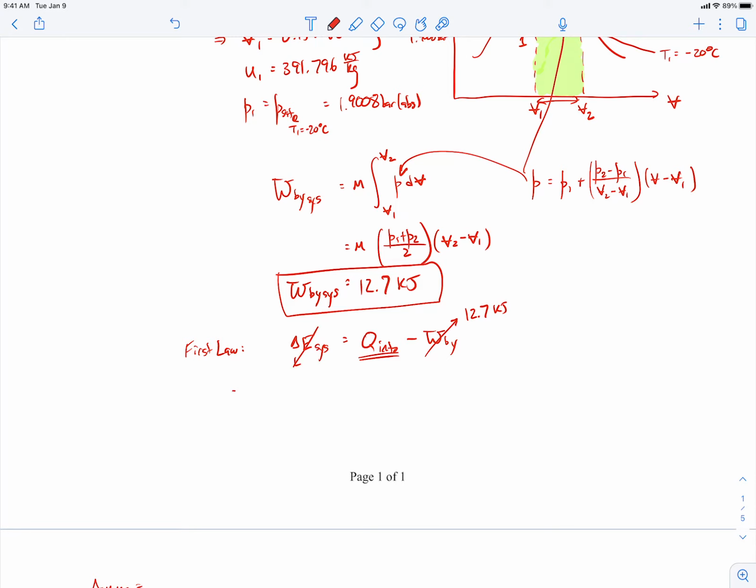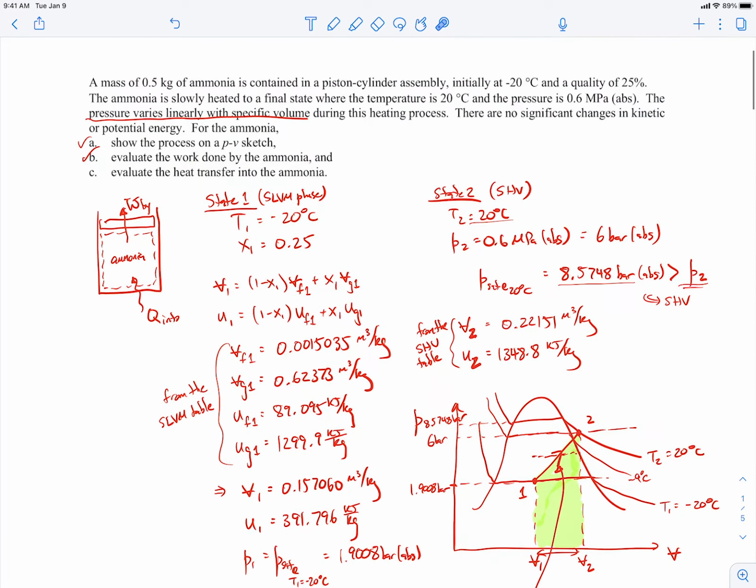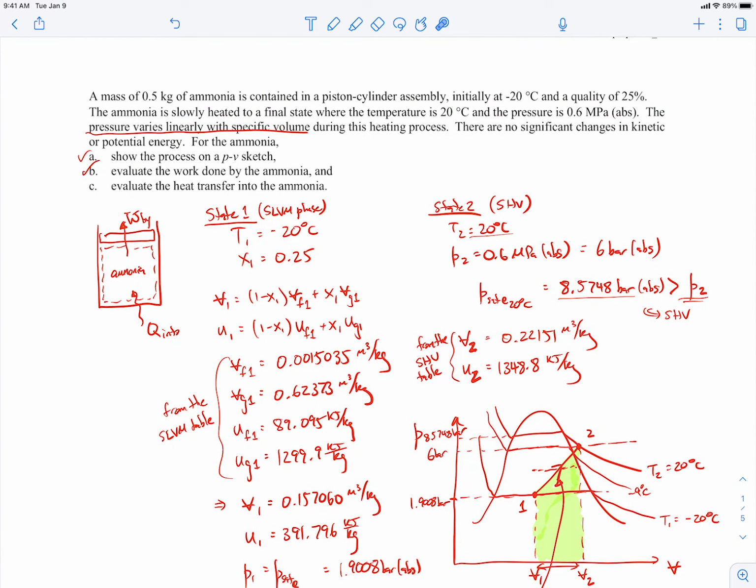The change in total energy is, of course, the change in internal energy plus the change in kinetic energy plus the change in potential energy. But we're told in the problem statement to neglect changes in kinetic energy and changes in potential energy. Those are reasonable assumptions because as this ammonia expands, we're going to assume that it does so very slowly.